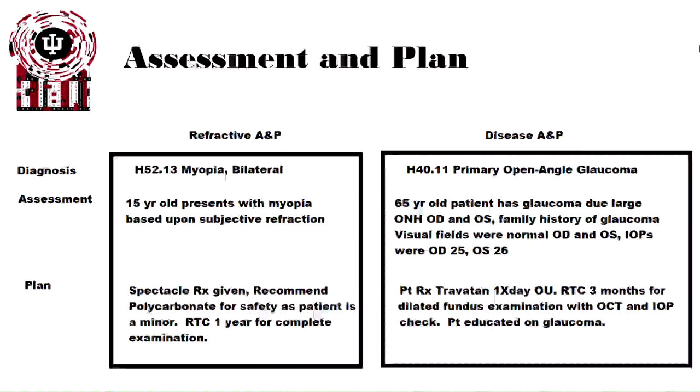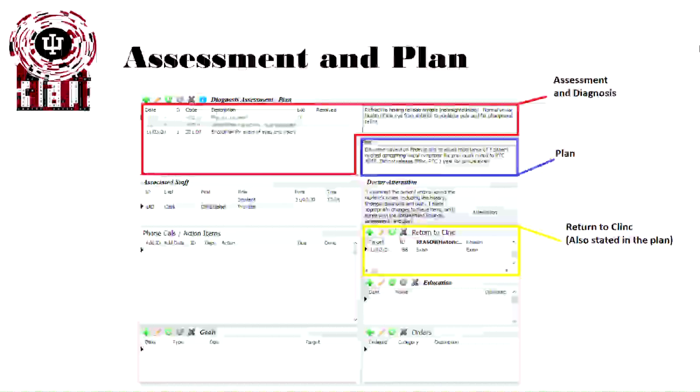In the refractive case, we just have them come back in a year for a complete examination for full testing. For the glaucoma case, we're having them come back for additional testing, specifically OCT and IOP, but we're also asking for a dilated fundus exam. In both cases, we told them when to come back and what we're going to do in the future. This is the part where we tell ourselves what we're going to do with the next visit.